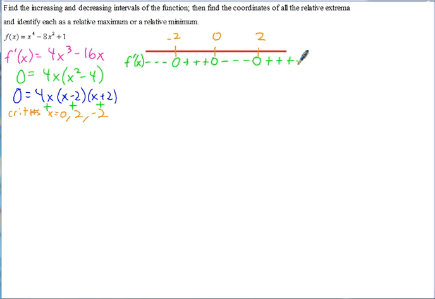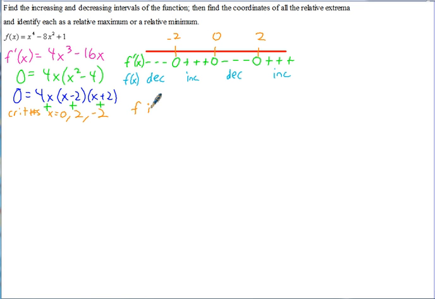So this shows us a couple of things about the original function f of x. This is the slope: where the first derivative is negative, the original function must be decreasing. Where the first derivative is positive, the original function must be increasing. And then back to decreasing, and then back to increasing. So we can answer the first part of the question, to find the increasing and decreasing intervals of the function. So let's go ahead and write that down.